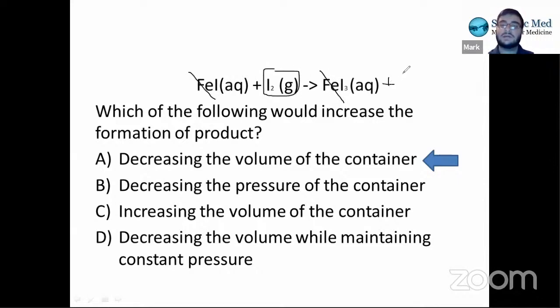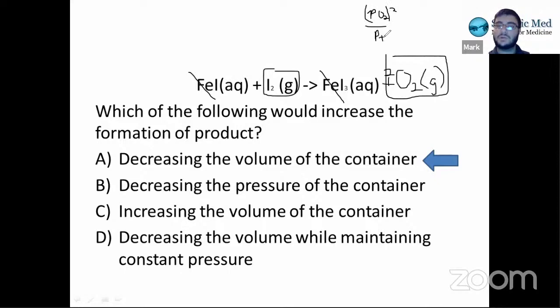If you had something like 2O2 here on the right, for example, if I were to add something to this equation, and pretend like this is balanced, I know it's not, but pretend. Now you have 2 moles of gases in the products and 1 mole of gases in the reactants. When you increase pressure as a whole, the partial pressure of O2 would double, and P_I2 would double as well.